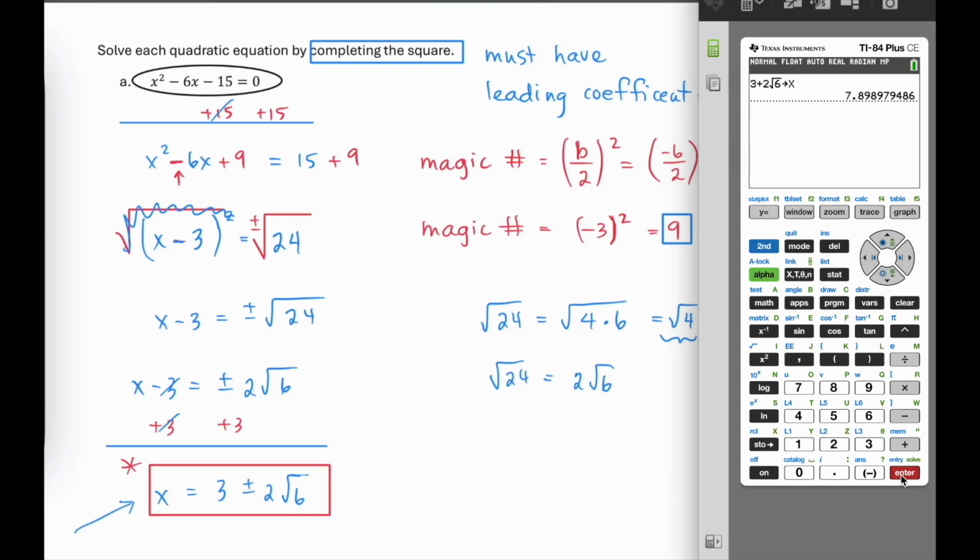Now we go back to the beginning equation, and we're going to just type it exactly as we see it. We'll type in x squared minus 6x. Remember, we've stored our solution into x, and then minus 15, and hopefully that gives us 0 on the other side. And then we could do this again for the other solution, 3 minus 2 radical 6, but both of them are going to work.